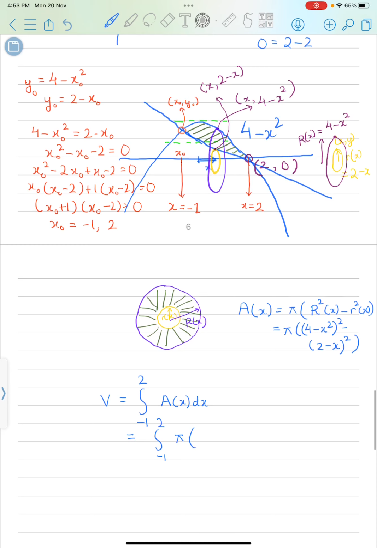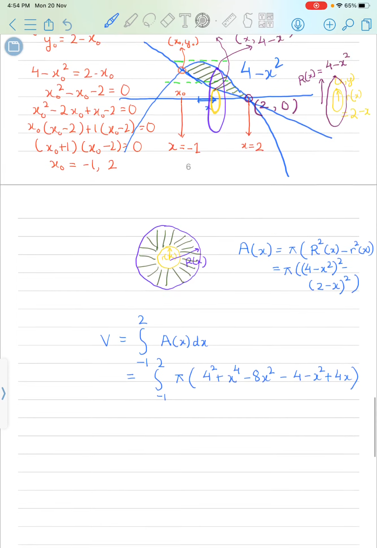Integral from minus 1 to 2 of pi times, this calculation is ugly, x to the 4 minus 8x square plus 16, minus (4 minus 4x plus x square). Okay, is this correct? x to the 4 minus 8x square, minus 4, this would be plus 4x, minus x square.